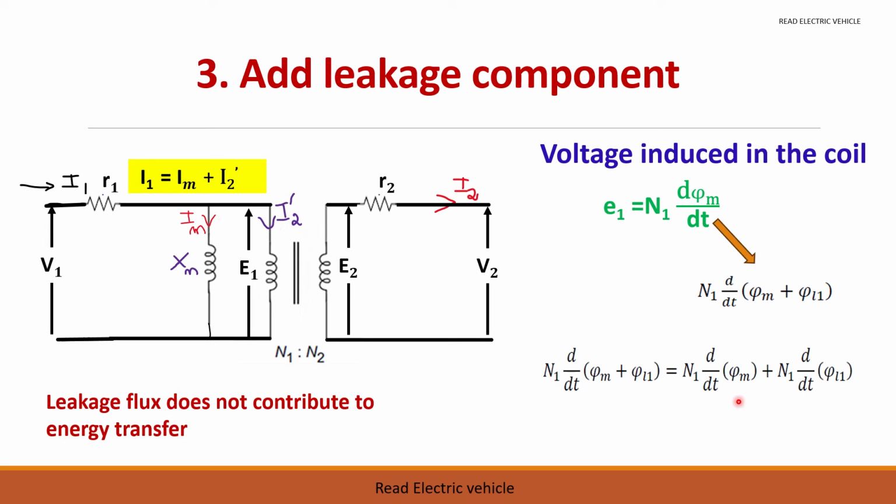So let us split this one. It becomes N1 into d phi by dt plus N1 into d phi by dt, where this is due to leakage flux. So this flux contributes to energy transfer, while this will not contribute to any energy transfer. So it is a mere voltage drop.